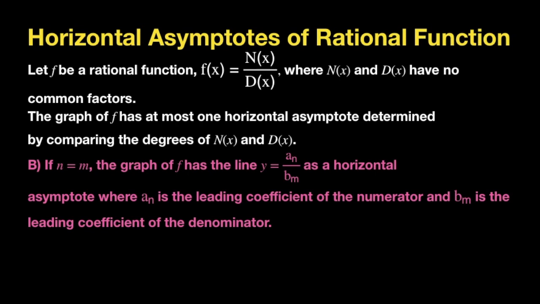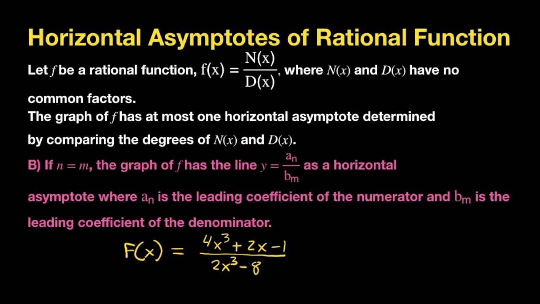If we had f of x is equal to 4x to the third plus 2x minus 1, and your denominator was 2x to the third minus 8.